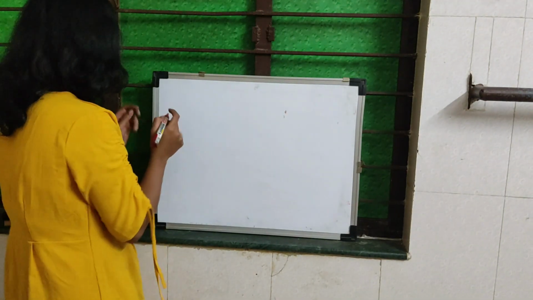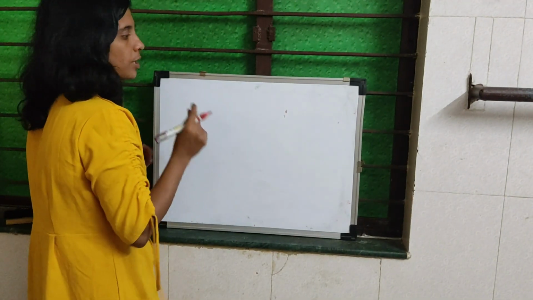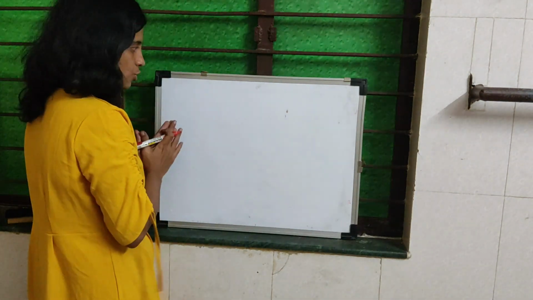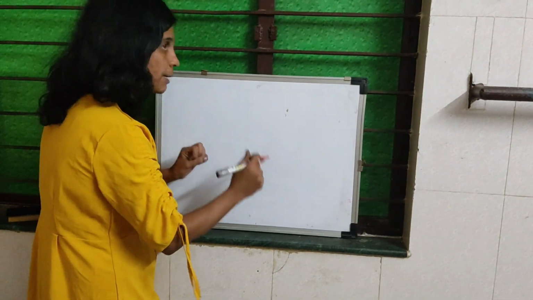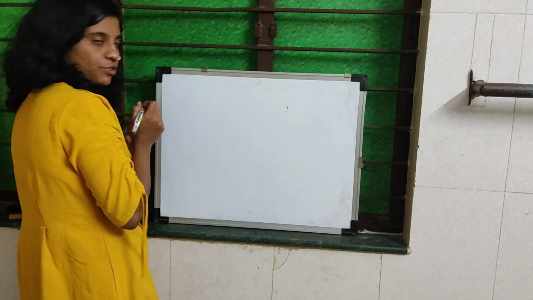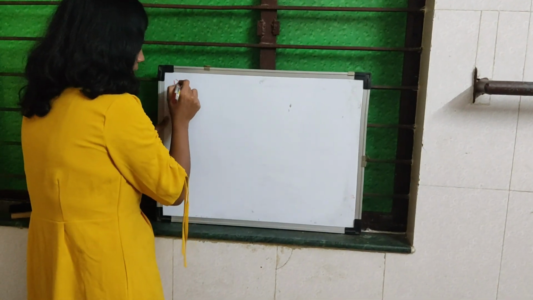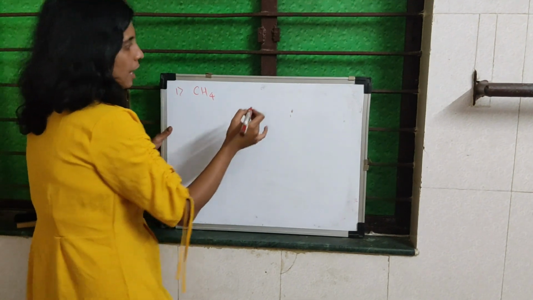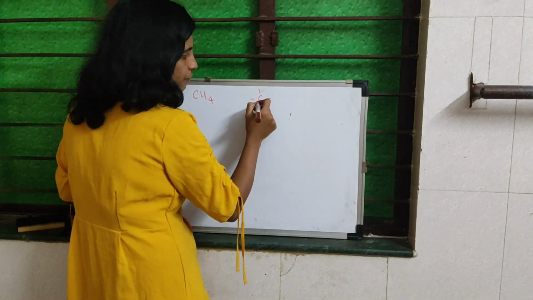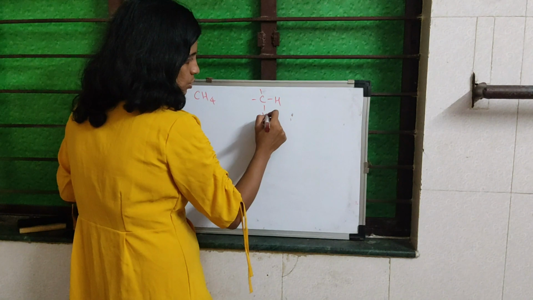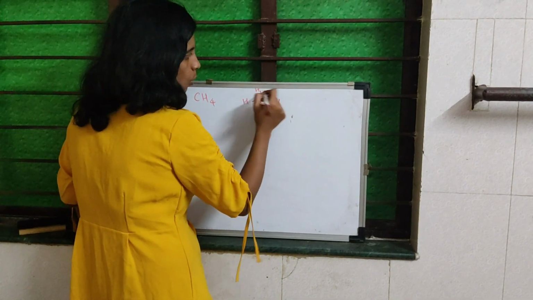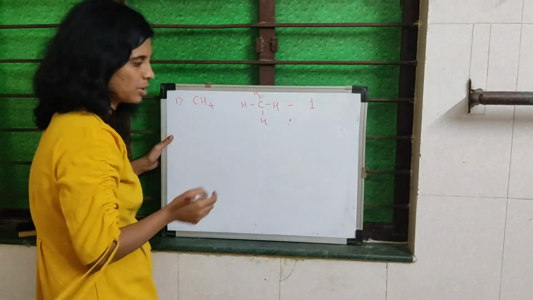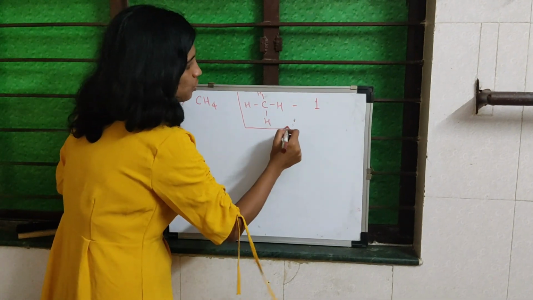Now you remember what I told you? That structural isomers are compounds which have the same molecular formula but different structural formula. Now let us see the first compound, CH4. Can I arrange it any differently? No. So it will have only one isomer because it can be arranged only in this manner.